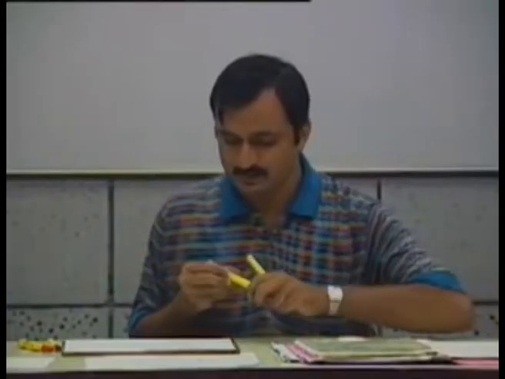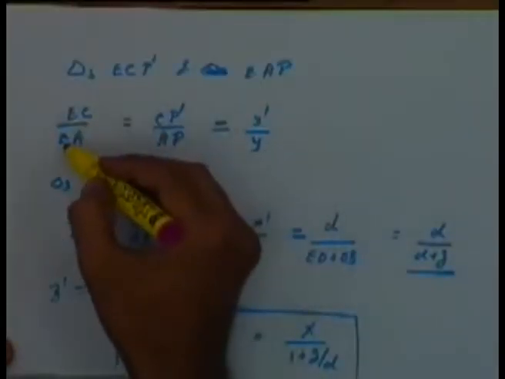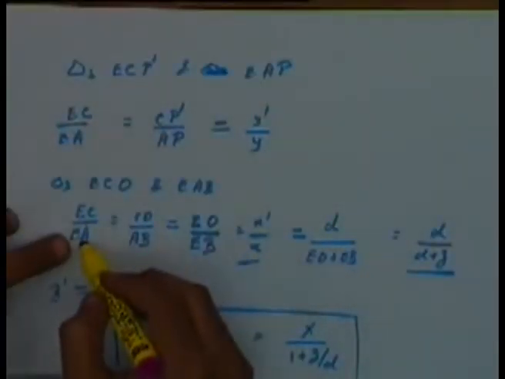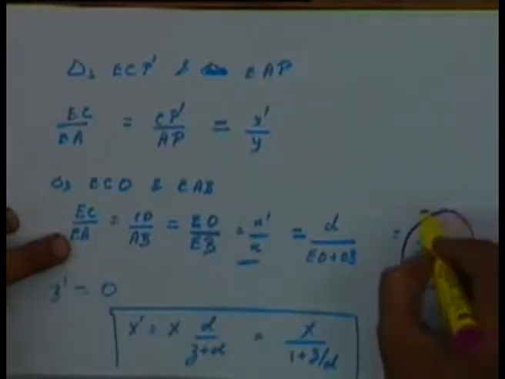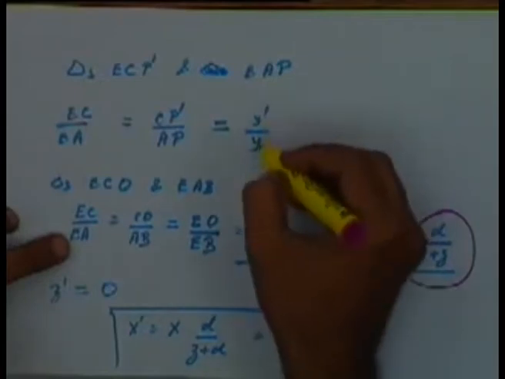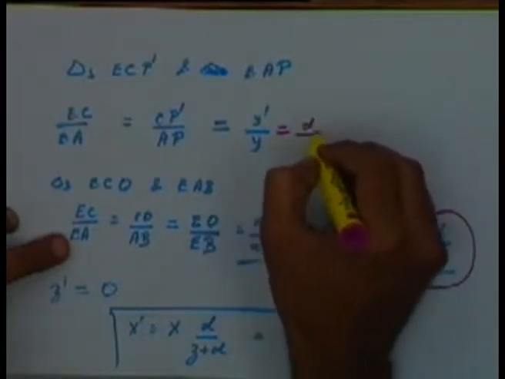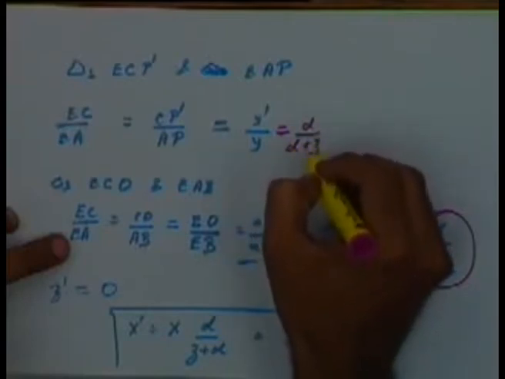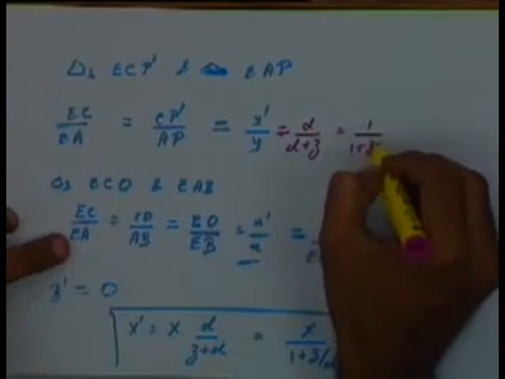Similarly, if I take this equation, EC by EA, from this figure, y prime by y is also equal to d divided by d plus z, or is equal to 1 over 1 plus z by d.